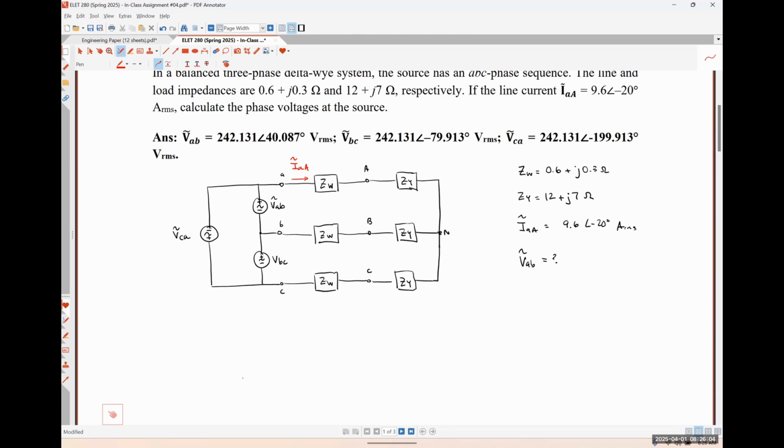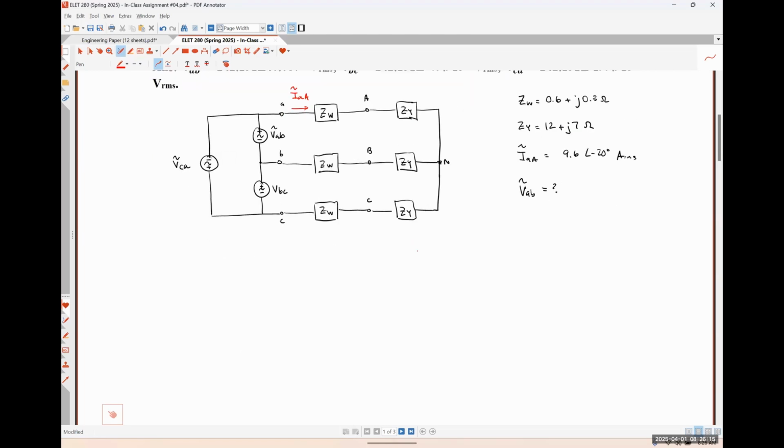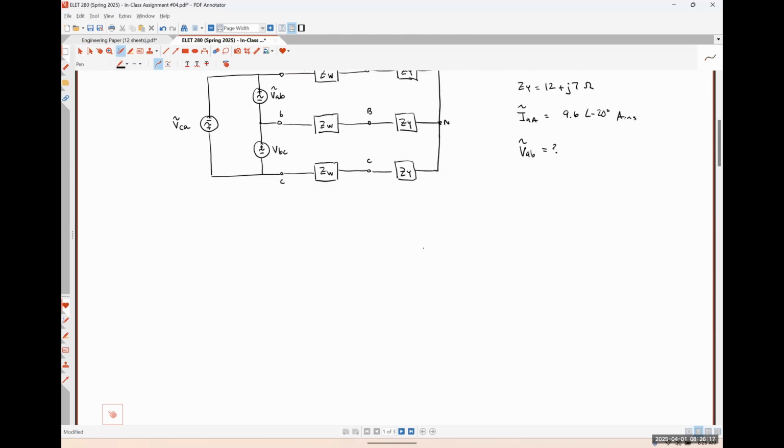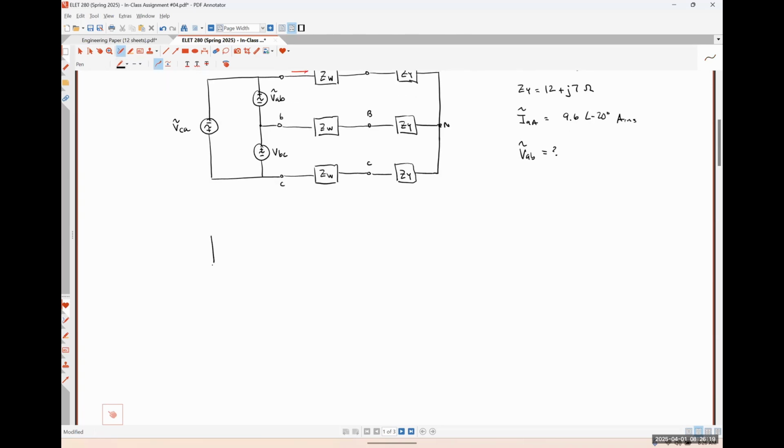So what I'm going to do now is draw a single phase equivalent circuit that is as representative of this system as I can currently make it. Here would be our voltage VAN. Here's our impedance ZW.